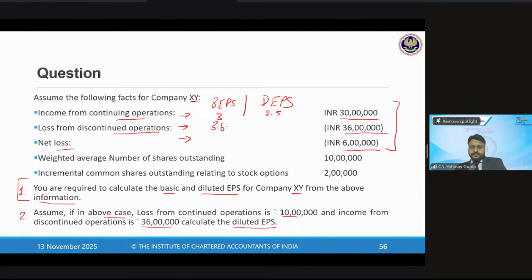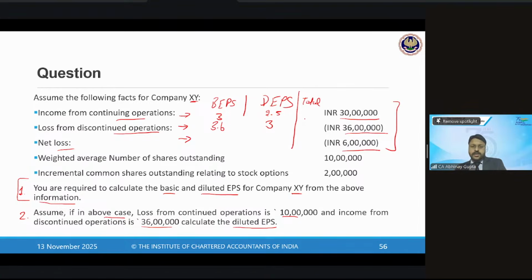And the diluted EPS 3. Okay. And one more item. Total. What is the total? So net income approach.